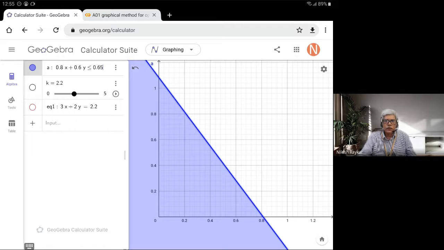So I want one of you to plot all the constraints and then share your screen to show it. I hope at least a few of you have laptops with you.